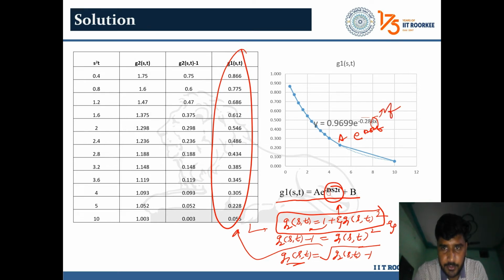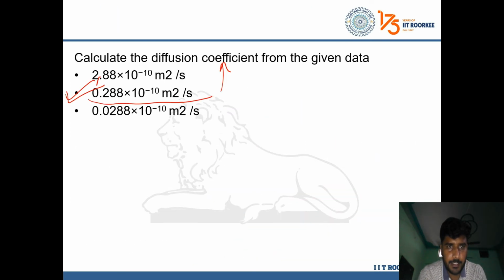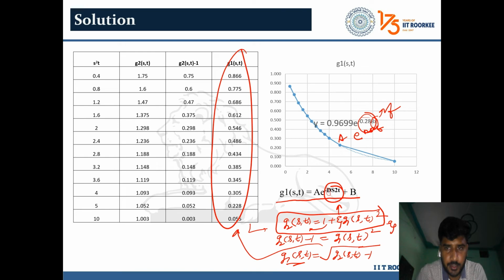So we are getting the D s square value, and directly you can put the diffusion coefficient value here.